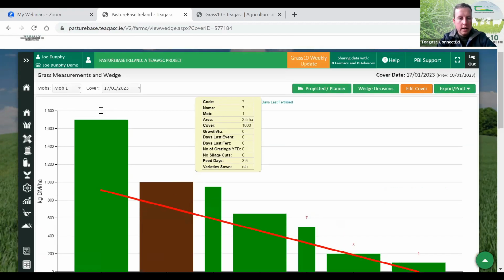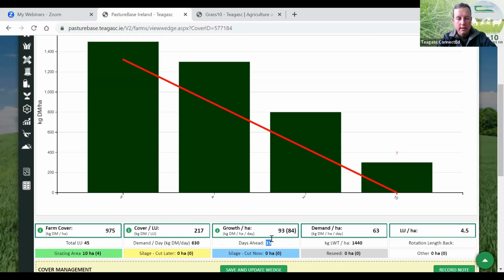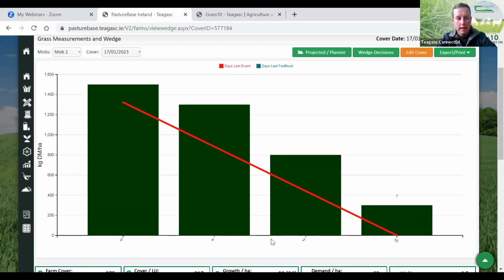When I go over to mob 2, I've decreased my demand. My days ahead was lower than that before, so I'm after increasing my days ahead on this side of the farm. So that's the way it works if you have different mobs. It might not necessarily be about taking out paddocks, but your first port of call might be, is there another group of stock that are short on feed that I could swap that surplus over to?